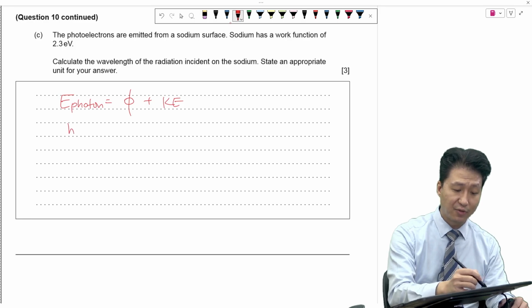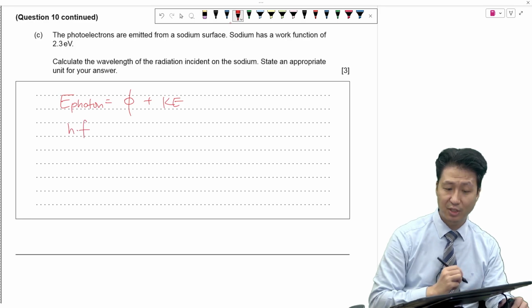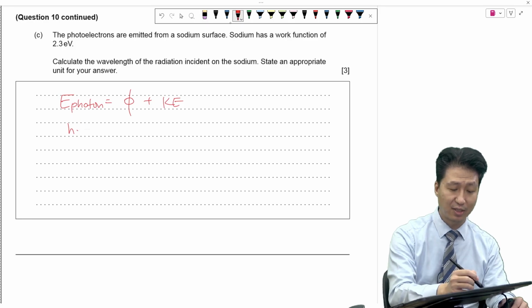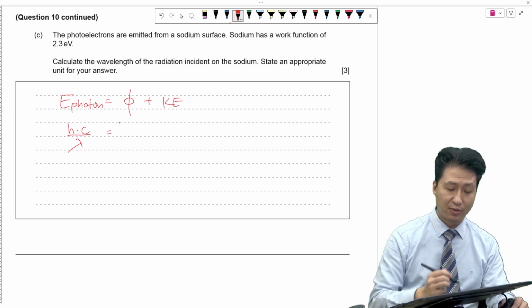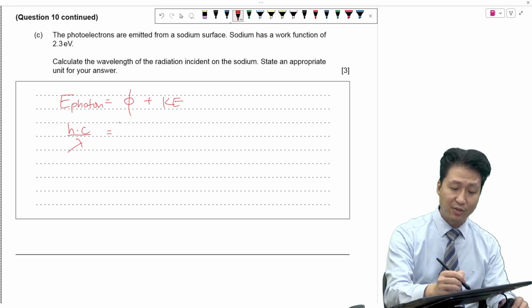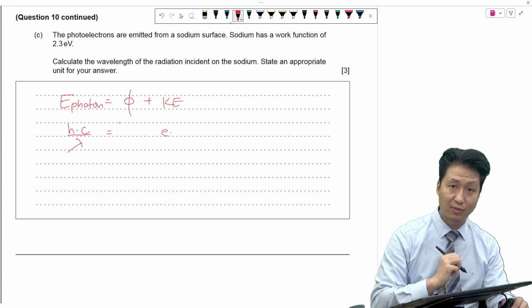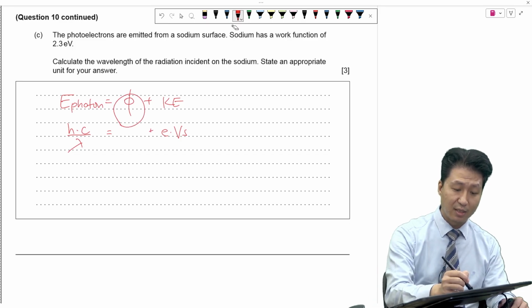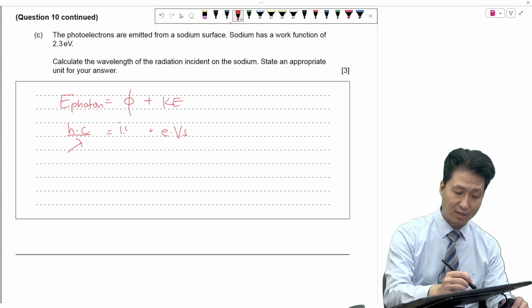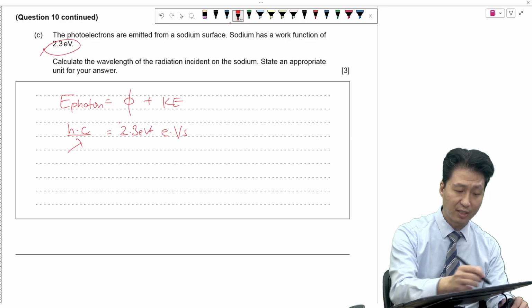An equation for the energy of the photon would be Planck's constant times the frequency, but we want to find the wavelength, so we're going to change the frequency to the speed of light over the wavelength. Next, this will be equal to the kinetic energy, which is the charge of an electron times the stopping voltage, plus the work function, which is 2.3 electron volts as given in the problem.